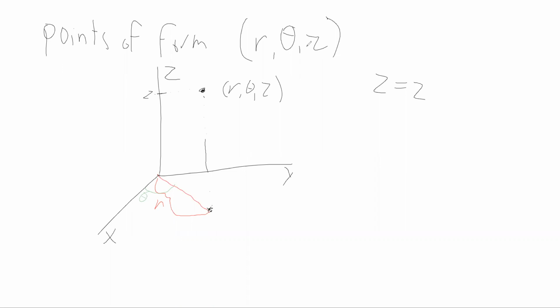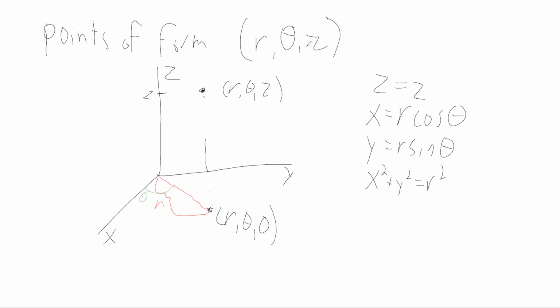So when you take z down to 0, bring it down to the xy plane, r and theta work the same as they do in polar coordinates. And so we still have the same formulas. X is r cos theta, and y is r sine theta. And then we have the related x squared plus y squared is r squared, which you could derive from x is r cos theta and y is r sine theta, but it's good to remember.